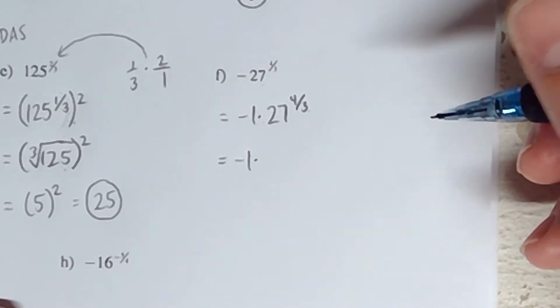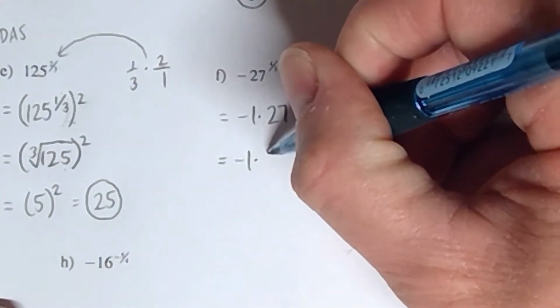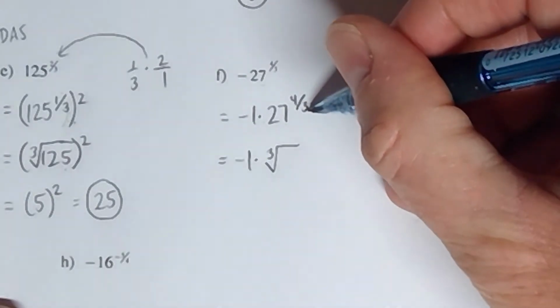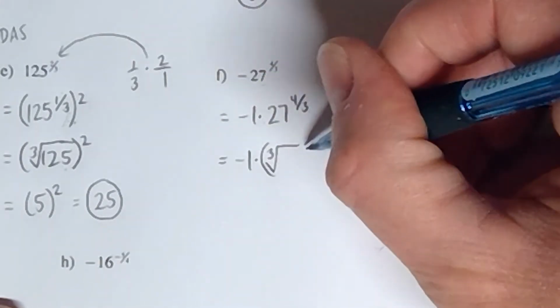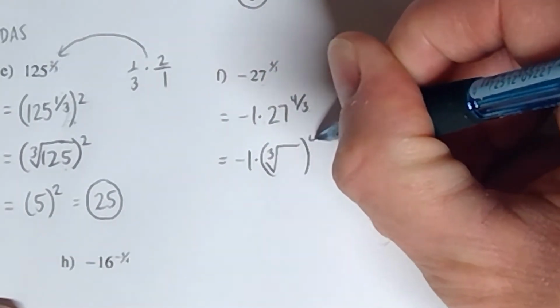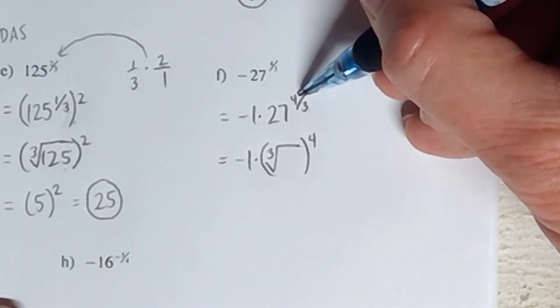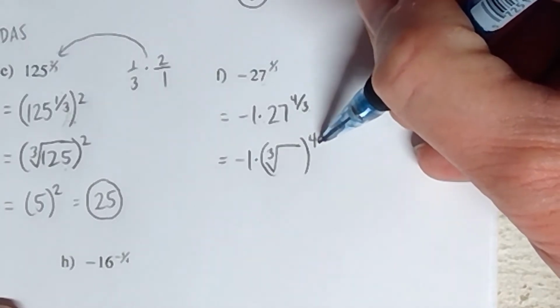Big difference. And so when we write it out, we write the little 3 inside the radical because that's the denominator, and we write the 4 on the outside of the bracket we create whenever the fraction exponent does not have a 1 on the top. Whatever it is, you put it on the outside.